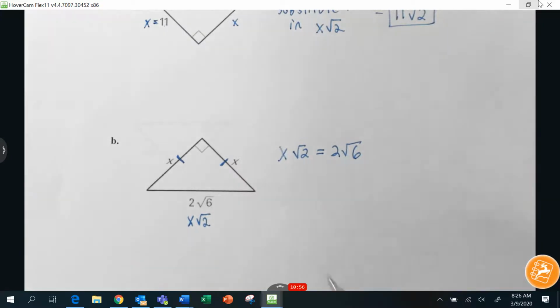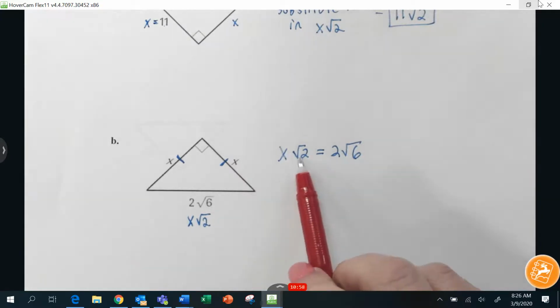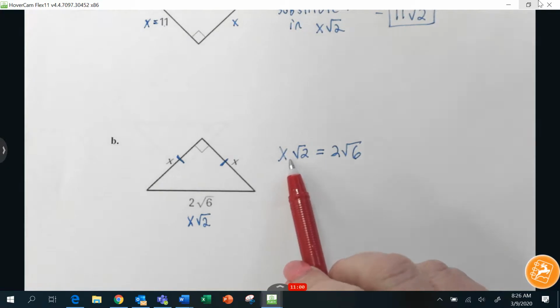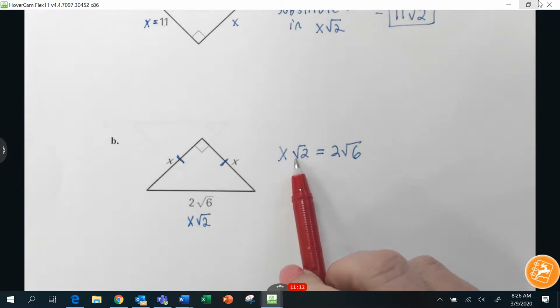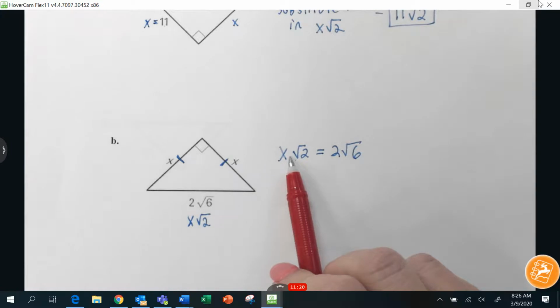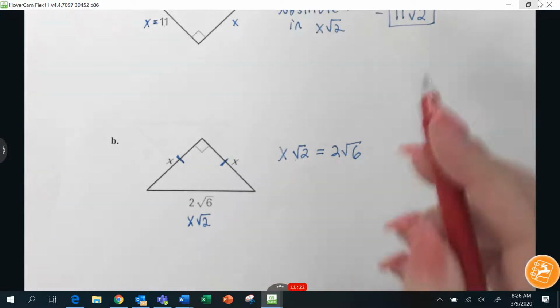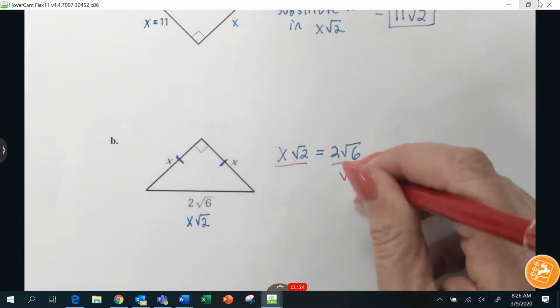Raylan, what is going on here between x and a radical 2? What operation is that? If they're next to each other with no symbols, what operation? Multiplication. So how do I undo multiply by square root of 2? I'm going to divide both sides by square root 2.